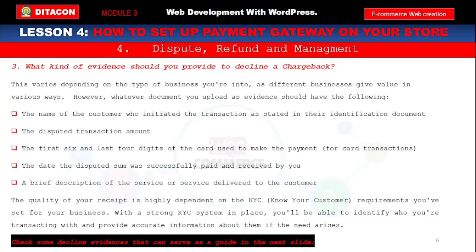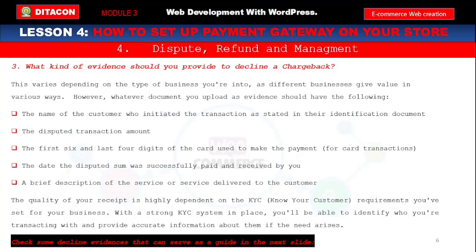So the quality of your receipt highly depends on the KYC, that is, know your customer requirements you set for your business, like what I've just said earlier. So allowing your users to complete their KYC is not optional on your website.